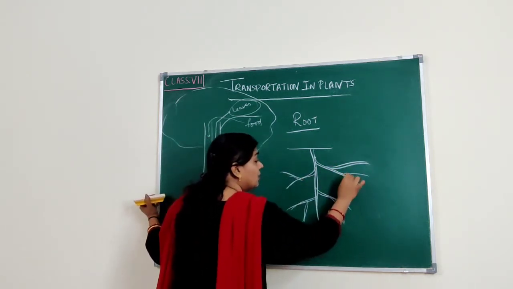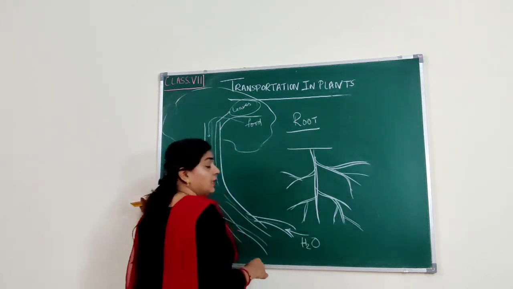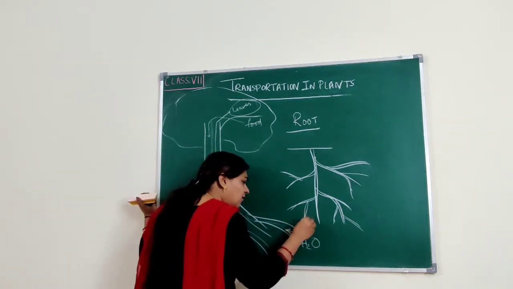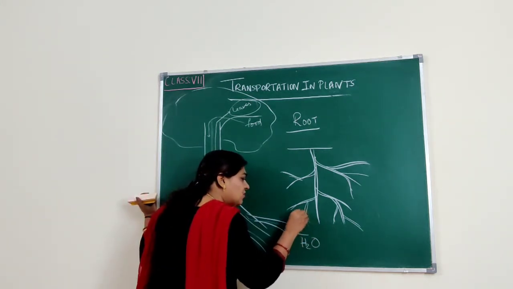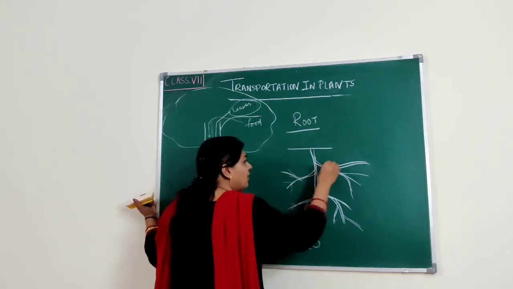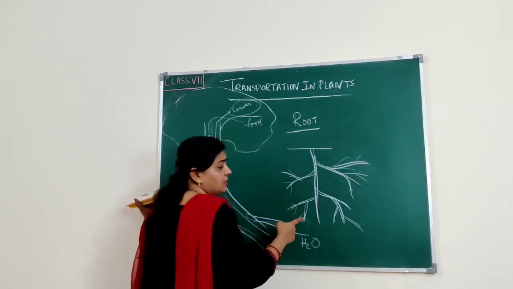Then each root, right, whether it is the main root, secondary root or tertiary root, each will have tiny hair-like structures. You would have observed this, right? This hair-like structure, this is in the case of taproot.